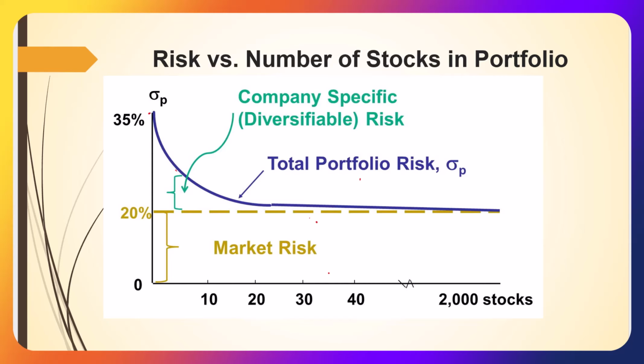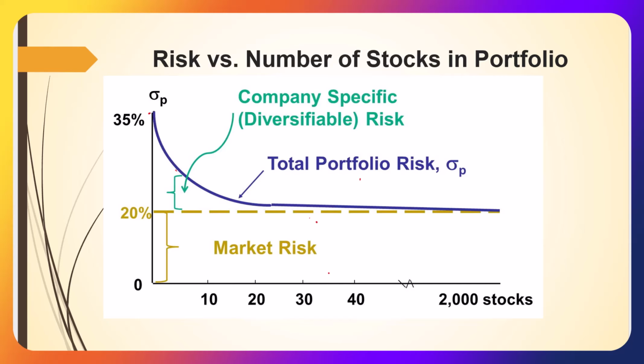Again, a key question. What happens when we add stocks together? Market risk is left. For example, if you buy just one stock, say Apple or Alphabet, your risk is tied entirely to that company's performance. On average, the average stock has a risk of about 35% standard deviation.